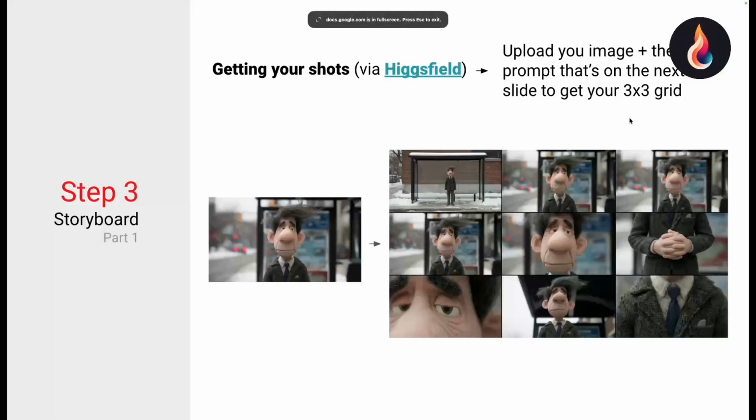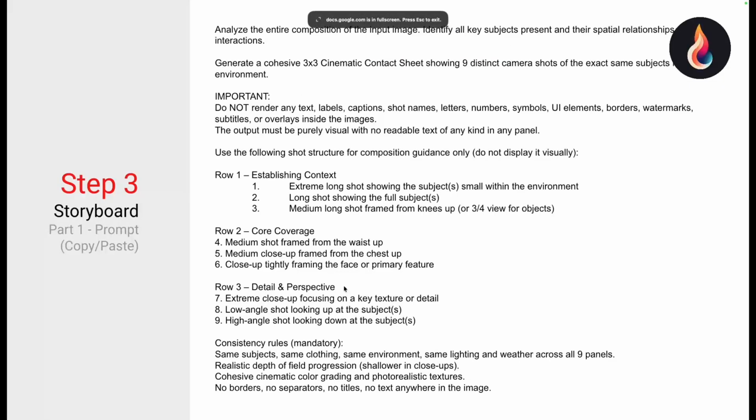Now, there is a very, very cool prompt that is on the next slide. You don't even need to read through all of it. It's just like a copy paste thing.